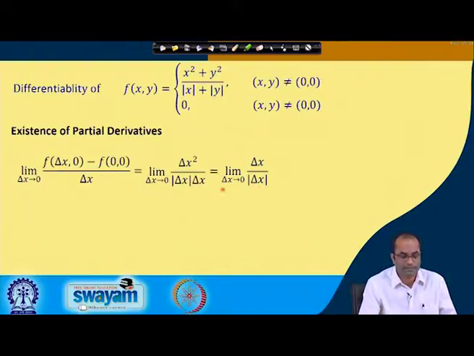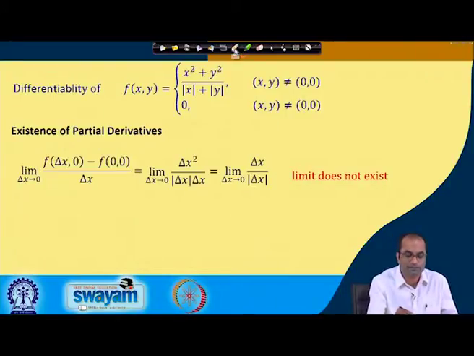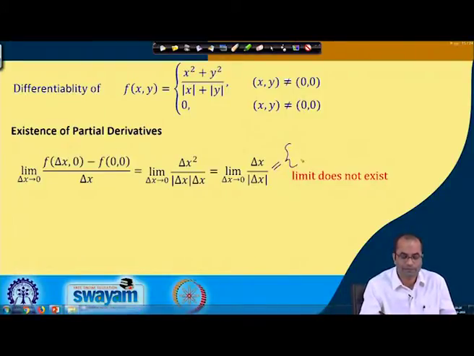So, if this Δx goes to 0 from the right side, then this will be 1, and when it goes to 0 from the left side, then this value will become minus 1. So, hence this limit does not exist, because we have either plus 1 or minus 1 as the limit when Δx approaches 0 from the positive side and from the negative side.